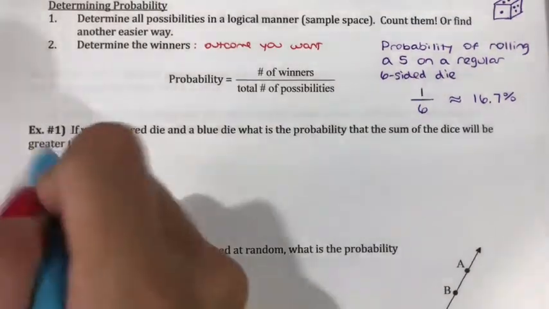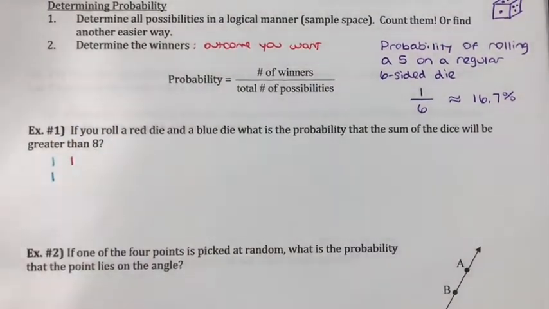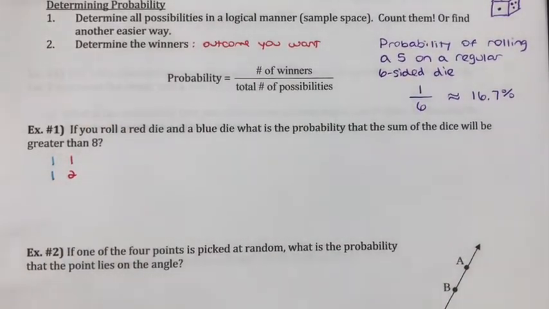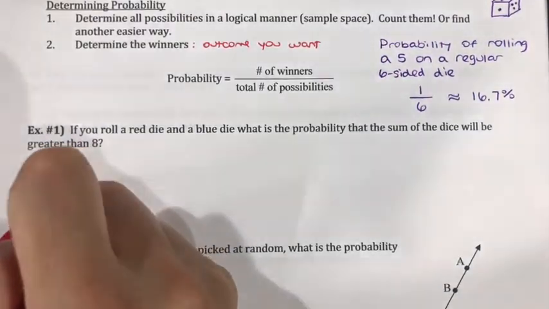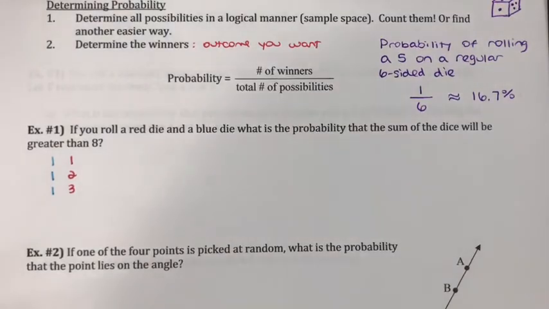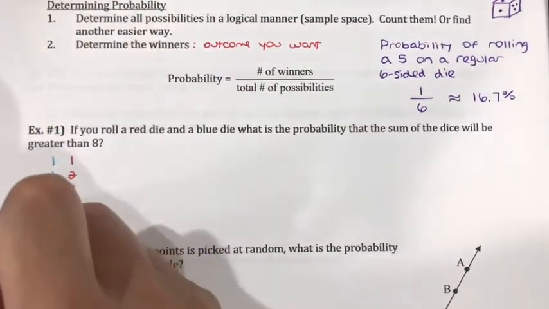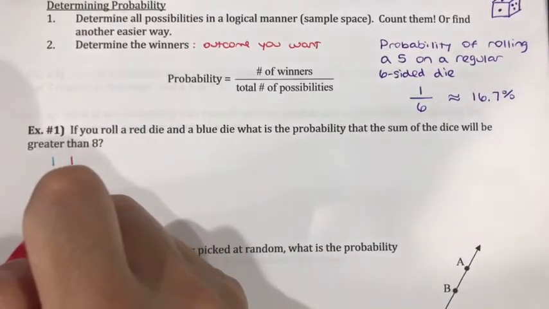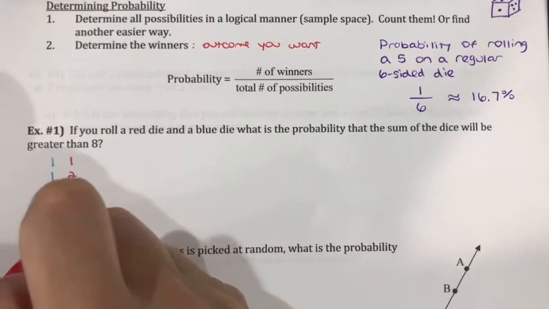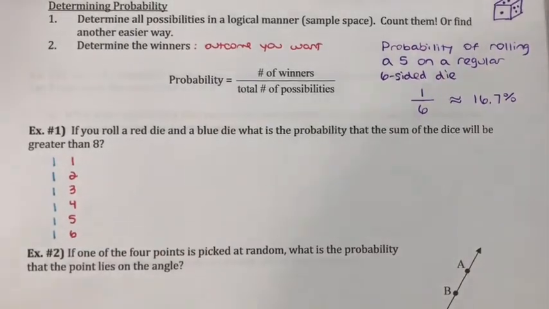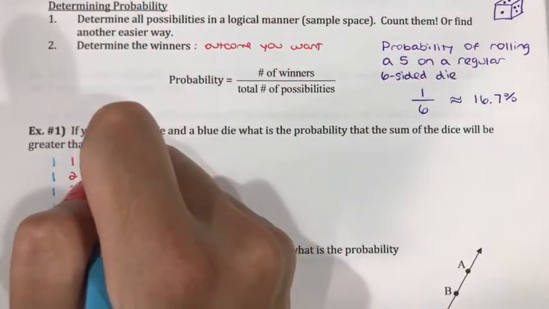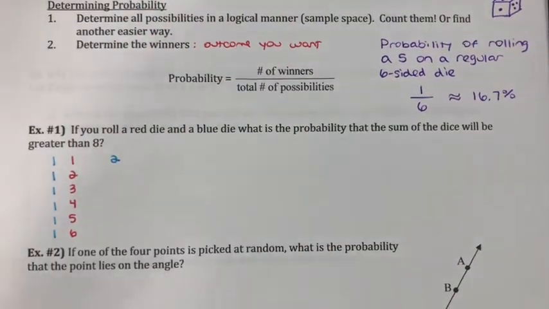I could roll a blue 1 and a red 2. I could roll a blue 1 and a red 3. And you guys can probably see the pattern in that, let's say I were to roll a 1 every time with the blue, there's 6 different possibilities with that red dice. Now what if I roll a 2? That's blue.